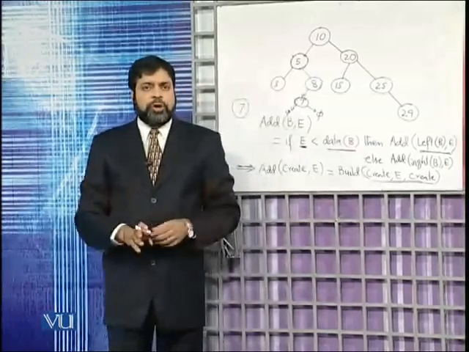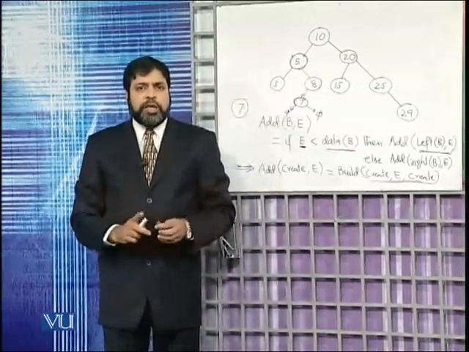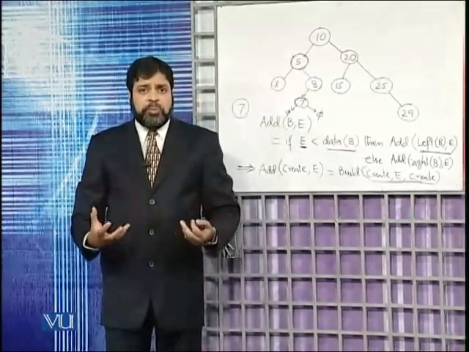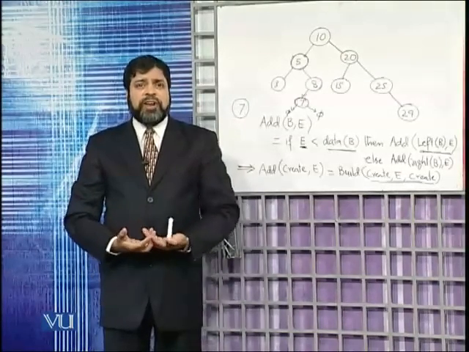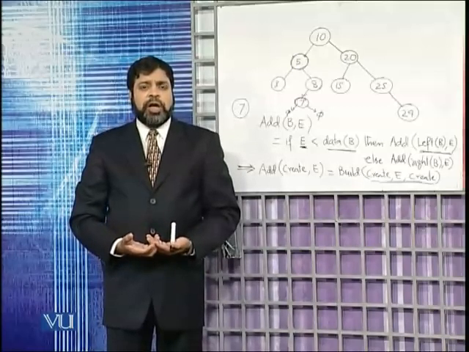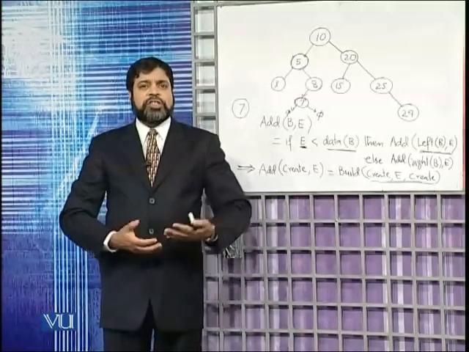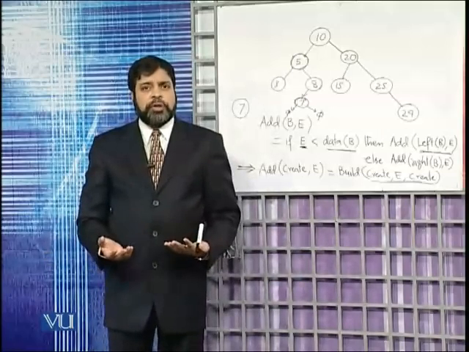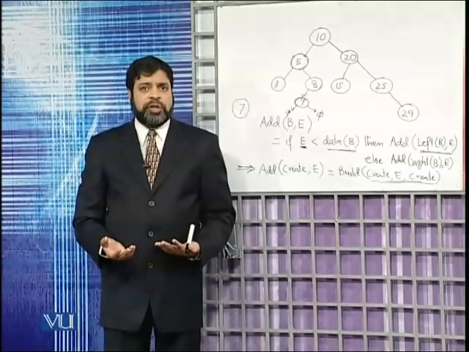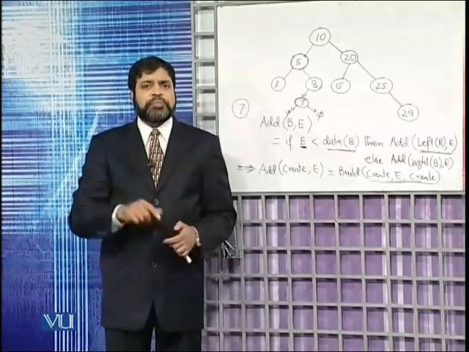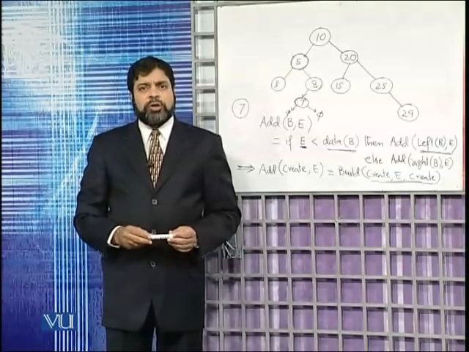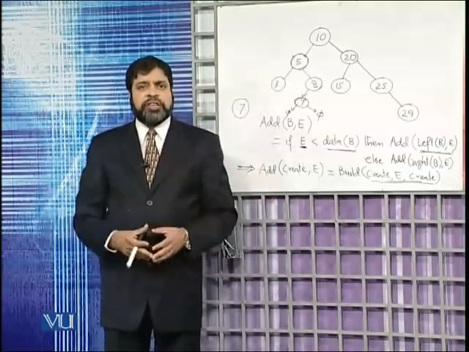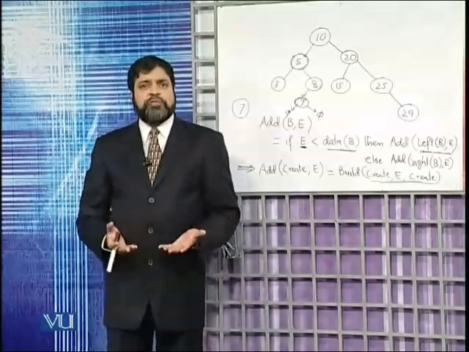So here you saw how with build we reached a leaf level and create a new node whose left and right are empty. It is a new leaf in our system. So whenever we hit an empty node, that is, either the left or the right is empty, the second axiom will come into play.